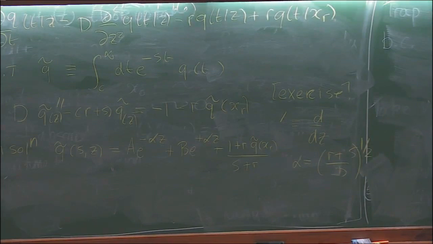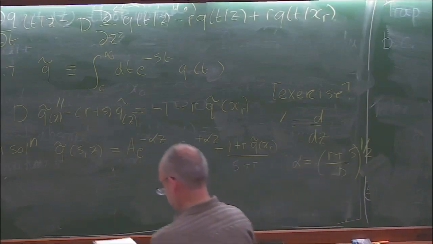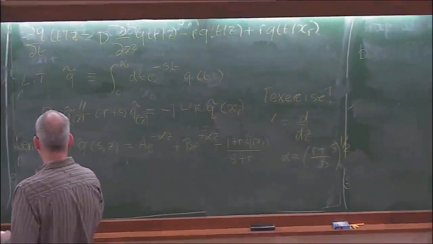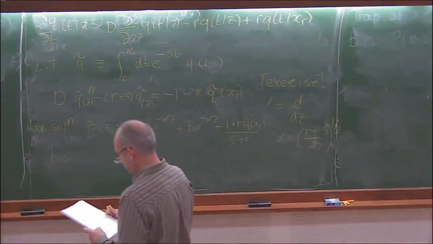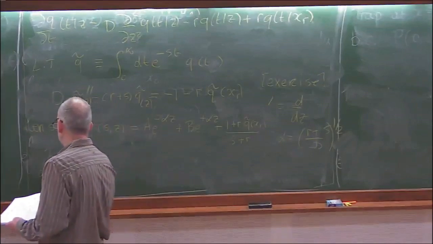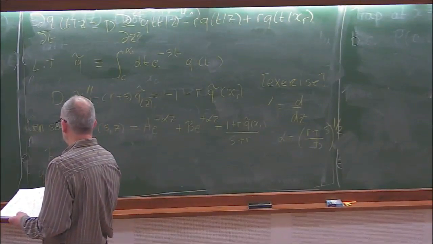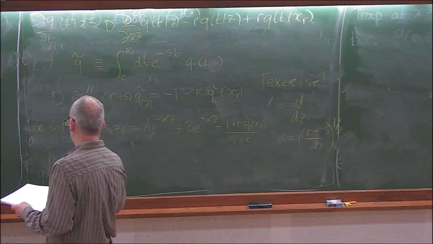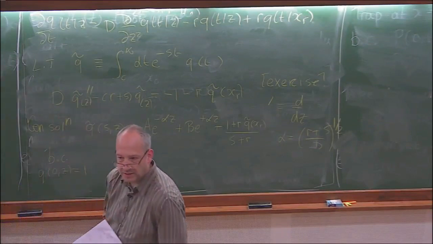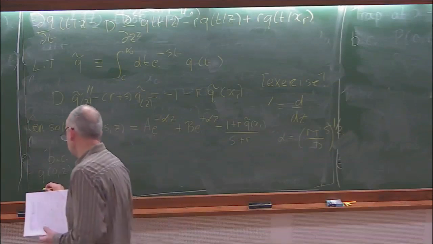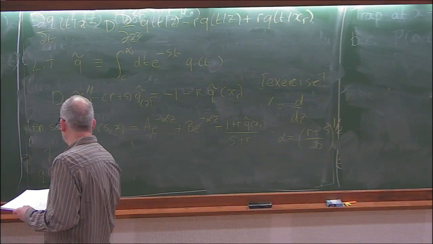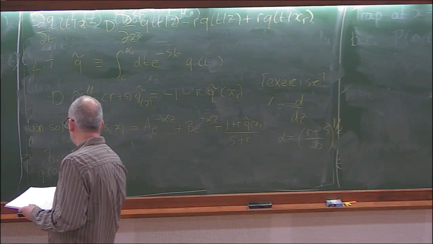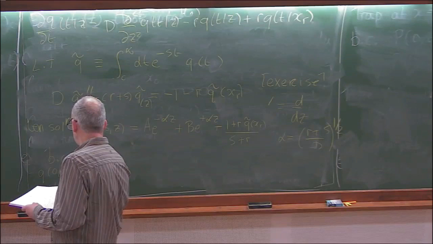So the boundary conditions, remember, is Q, the survival probability at time 0 should be 1. So that means it's bounded. And the survival probability at any time, if the starting position is 0, then the survival probability is 0.